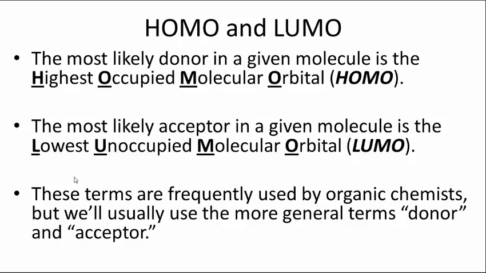So when you draw an MO diagram, you can always identify where's my highest energy filled orbital, call that the HOMO, and where's my lowest energy empty orbital, call that the LUMO. Collectively, these are called the frontier molecular orbitals, frontier because they're the ones that are kind of on the edge of being filled or unfilled.